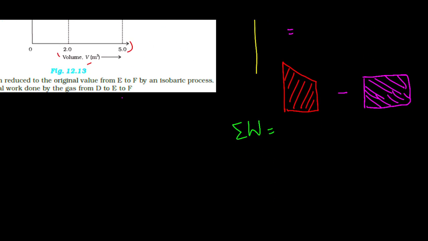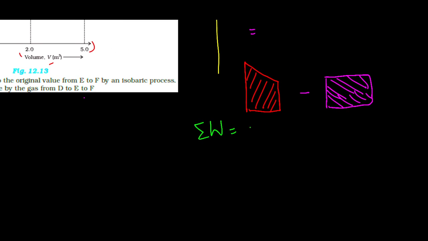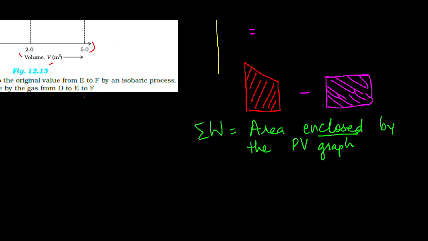So here is the concept. Total work done in cyclic process equals area enclosed by the PV graph. Enclosed, no meaning, do you understand or not?